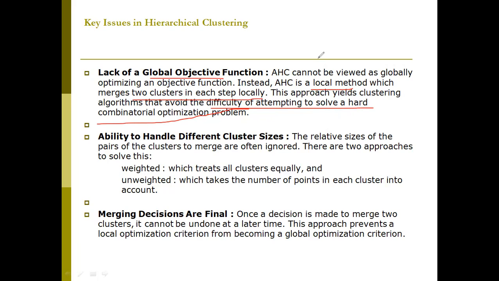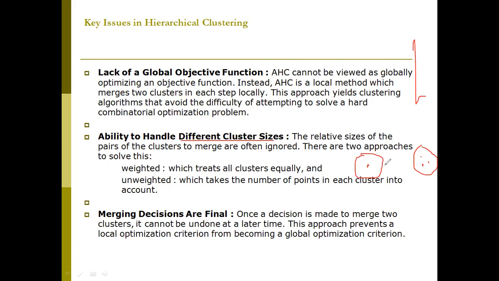Coming to the second one, the ability to handle different cluster sizes. Apart from the size of a cluster, you need to combine one cluster with another cluster. For example, one cluster may have only 3 data points, and some other cluster may have only one data point, isn't it?